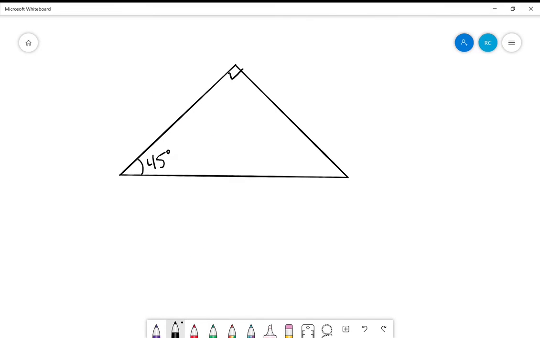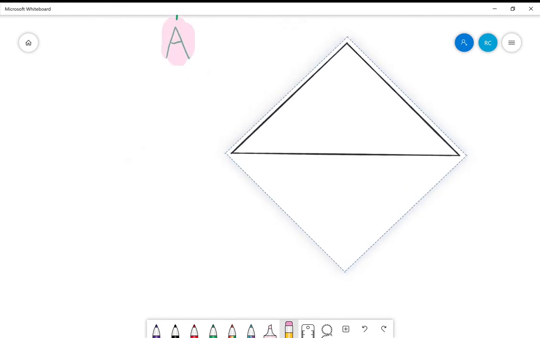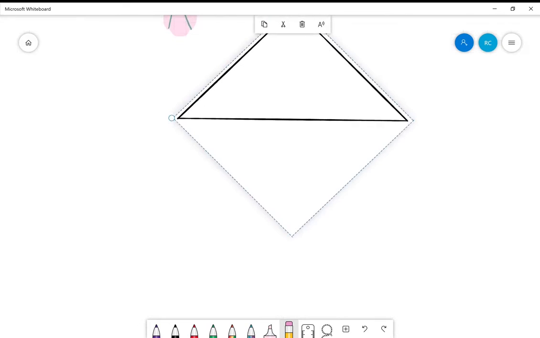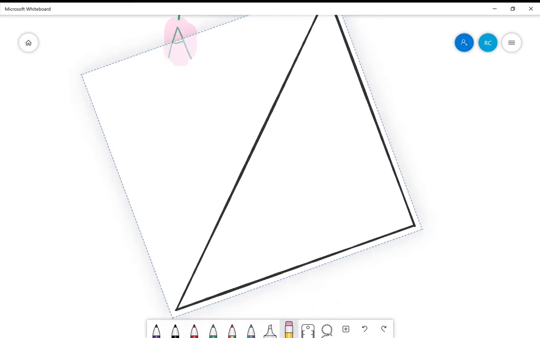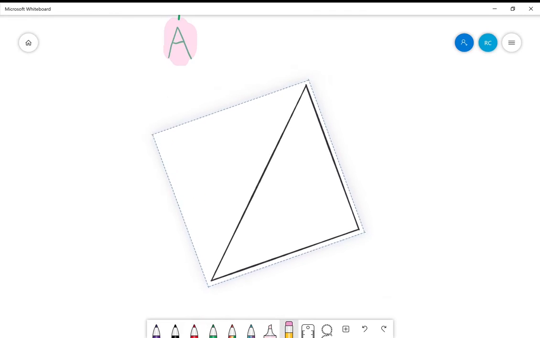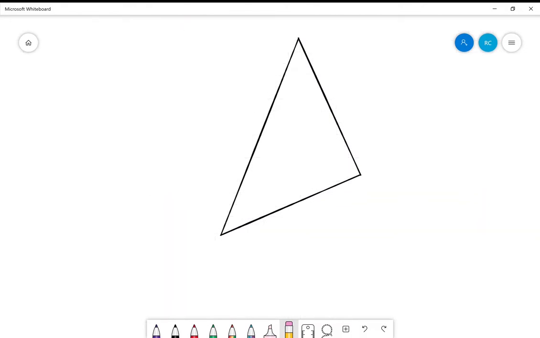Okay, let's do one more example. And I'm actually going to reorient this again, just to make sure that we don't get stuck in one mindset here. Let's make it sort of weirdly tilted like that. Okay? Now we're going to do something slightly different.